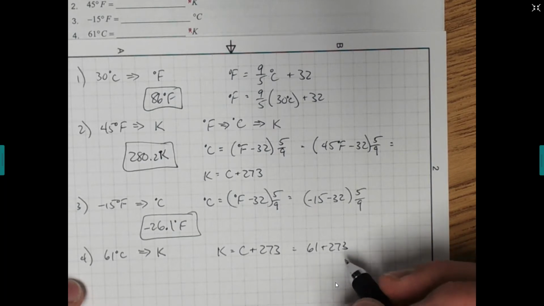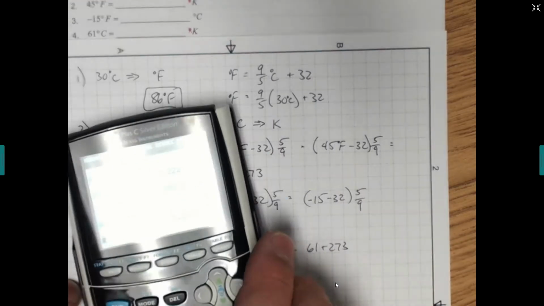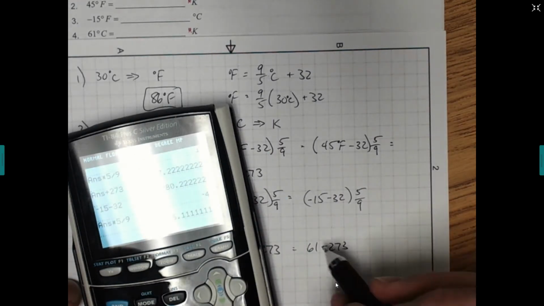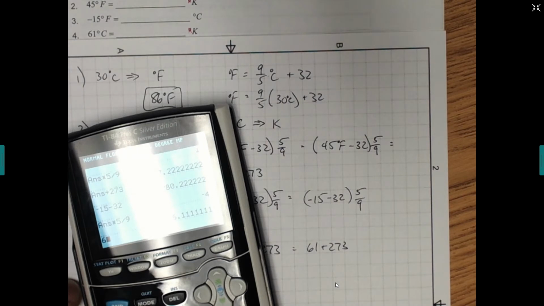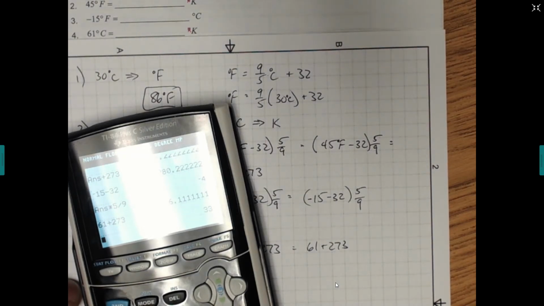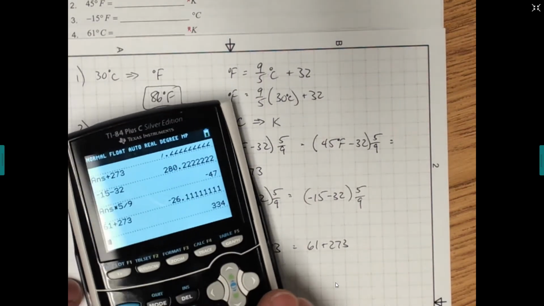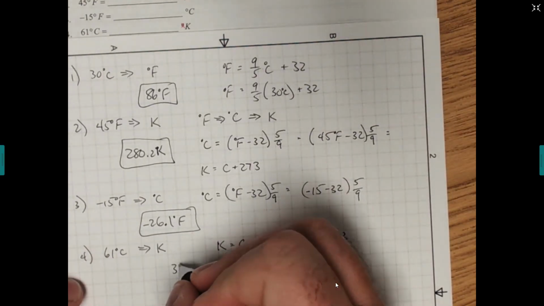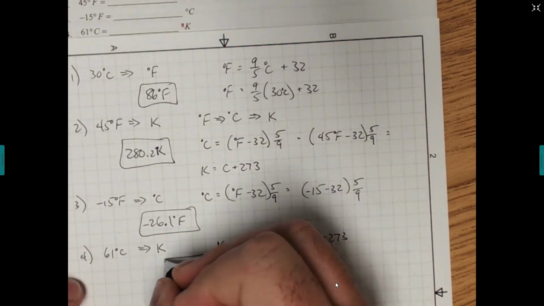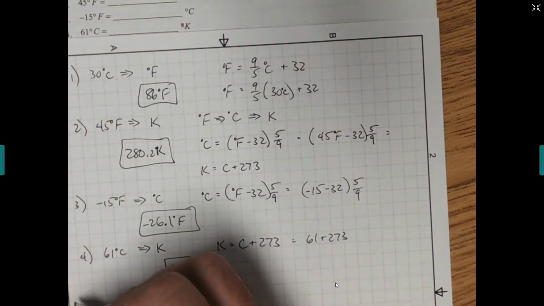No, that doesn't sound right. Let me do this in the calculator. I'm trying to do it in my brain. 334. Okay, 334 Kelvin. And that's all there is to it.